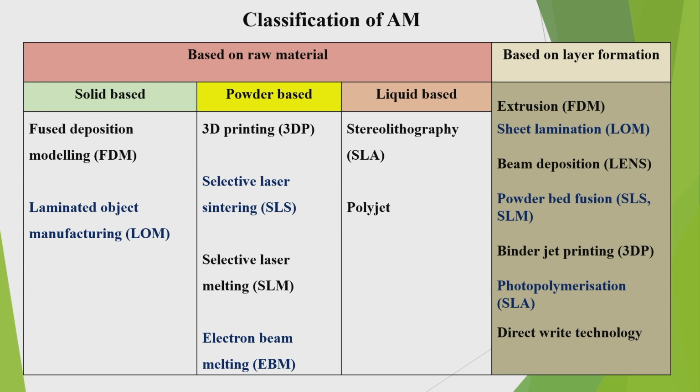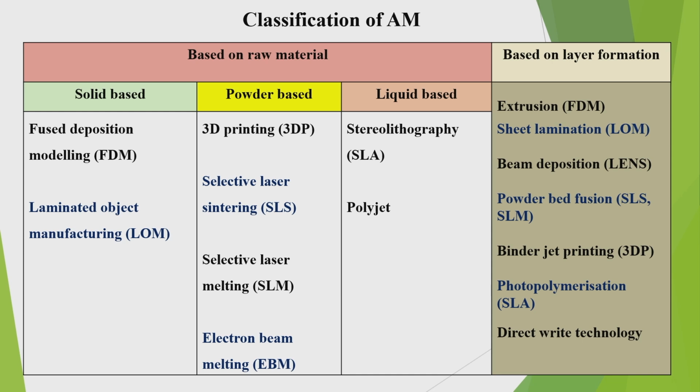Then it can be powder based, where we take powder and the powder is fused. It can be fused, it can be melted, it can be adhesively bonded. In that we have one process which itself is called 3D printing. In 3D printing, we put the powder and we put some adhesive material and they bind together.